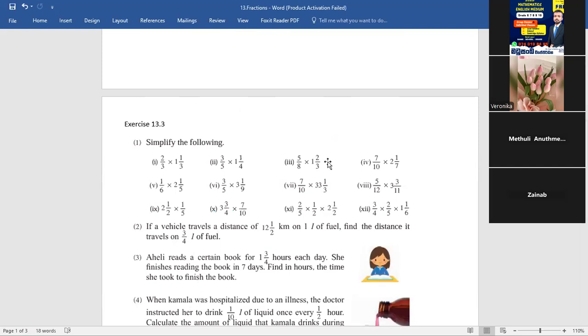Then we do the first one and the second one. Quickly do and send me the answers. Let's see who finishes first.